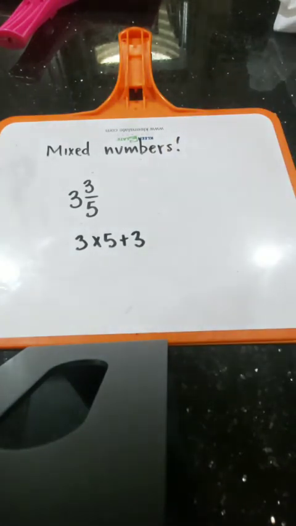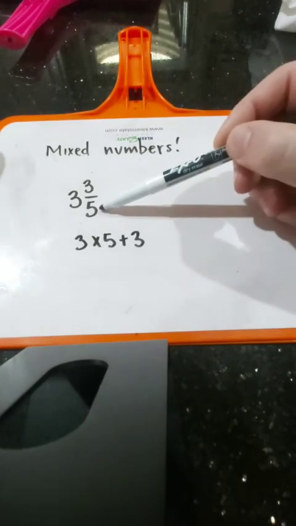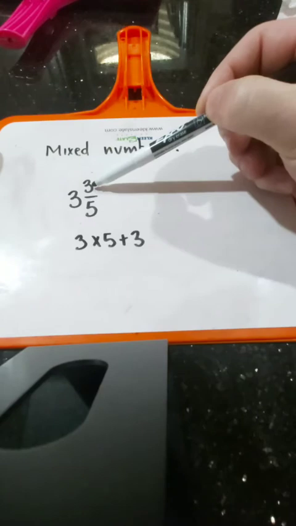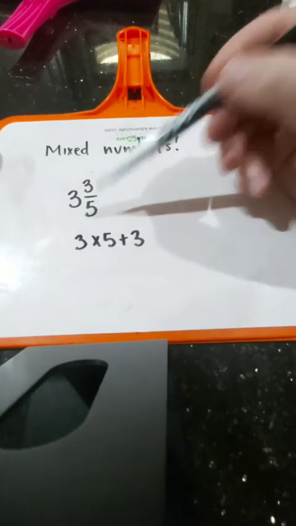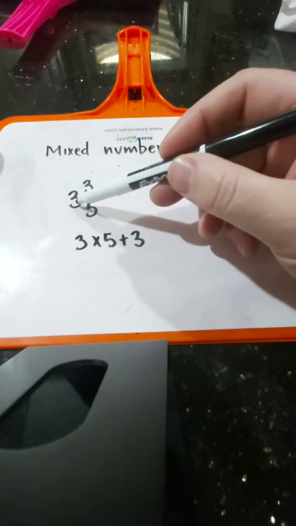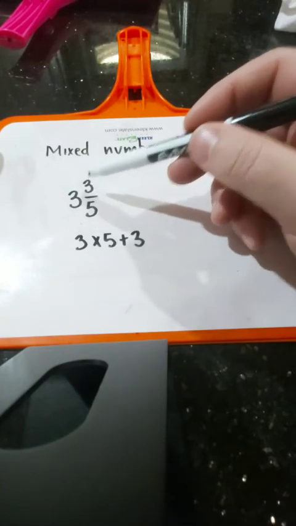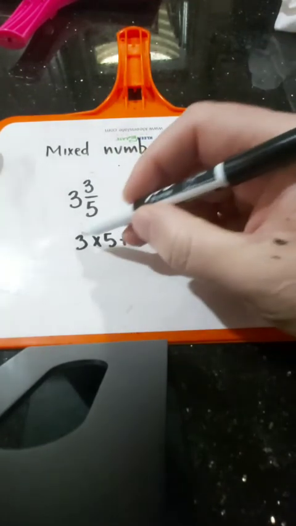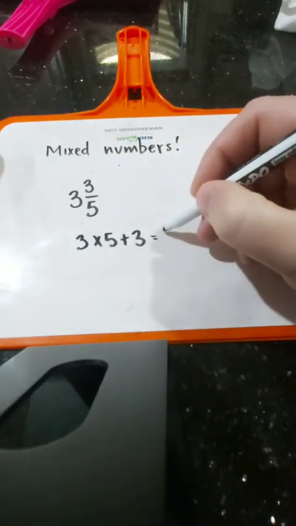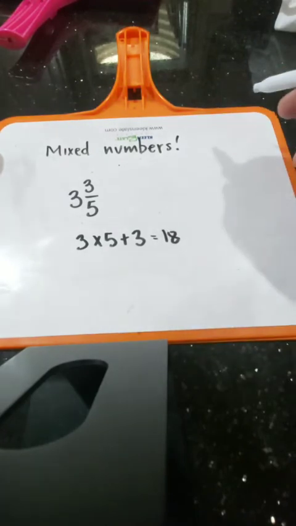So what we just did was we took the 5 times the 3 here, the 3 on the outside, and we added the 3 on the top. We took our denominator times our whole number and added our numerator. That gives us 3 times 5, which is 15, plus 3, which is 18. All right?